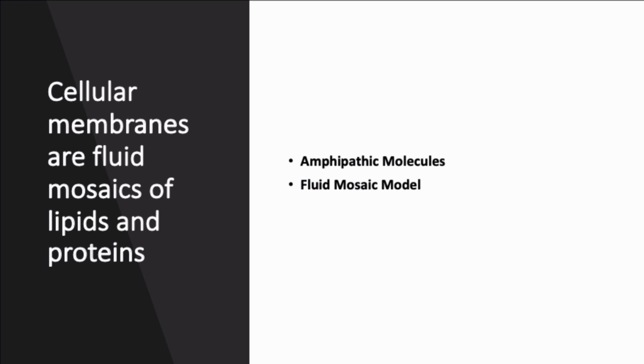And this fluid mosaic model is referring to the fact that the membrane has this fluid structure with patterns of proteins that are embedded within it. So you have a backdrop of phospholipids, and embedded within these phospholipids, you have these proteins. This is where that mosaic comes from.